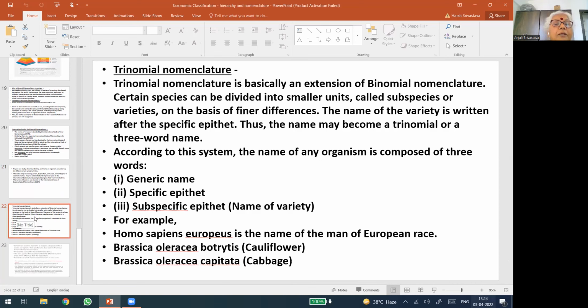Now, the other term is the trinomial nomenclature in the category of nomenclature. As I have told you, the taxonomic world and its studies are going on and on. These studies are not experimental studies in major consideration.